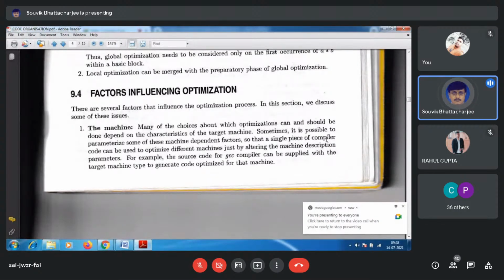That is, if the machines have similar types of architecture, in that case a particular optimizing compiler can work on the defined architectures. That is, if three machines support a similar type of architecture, the same optimization compiler can be used to work on these.